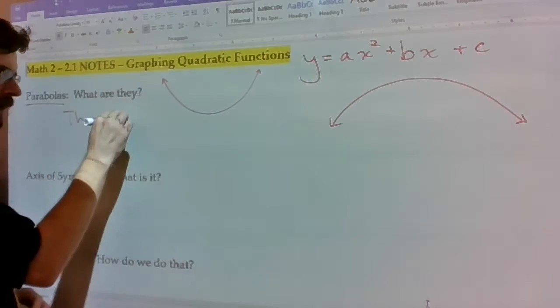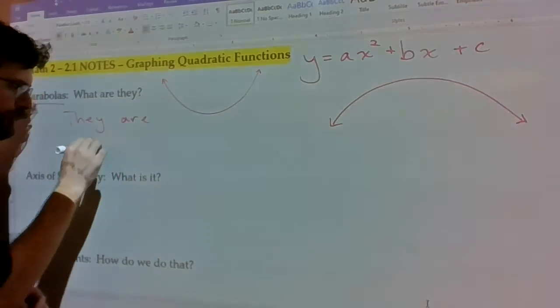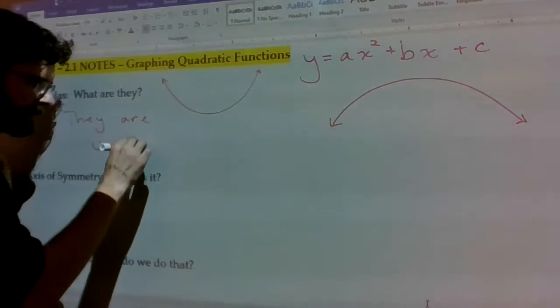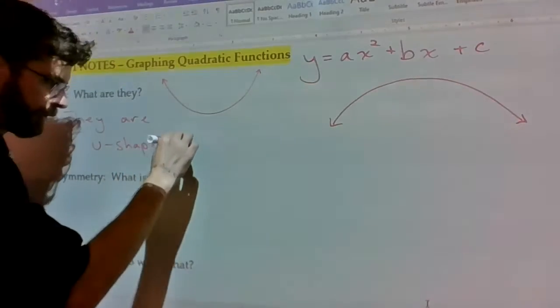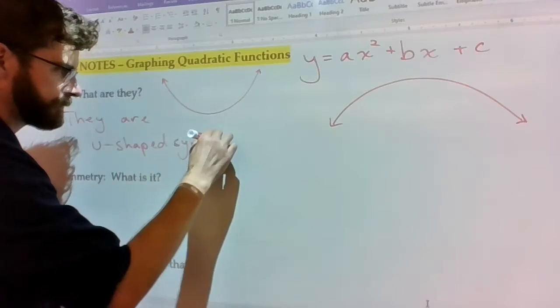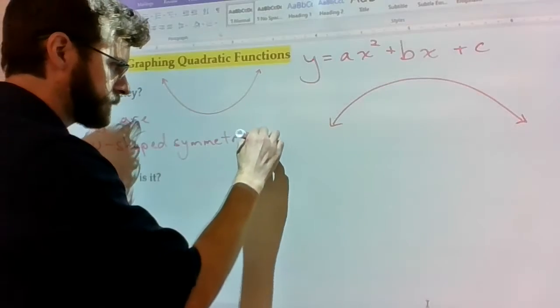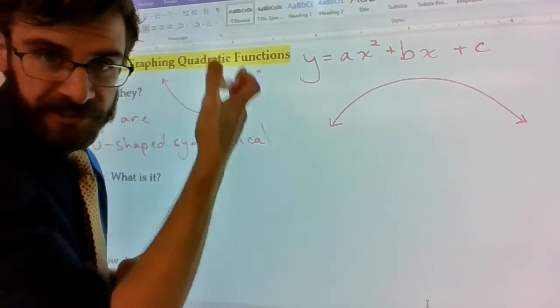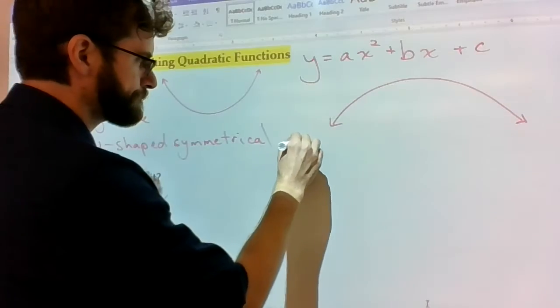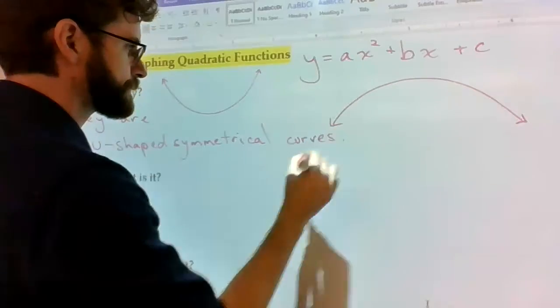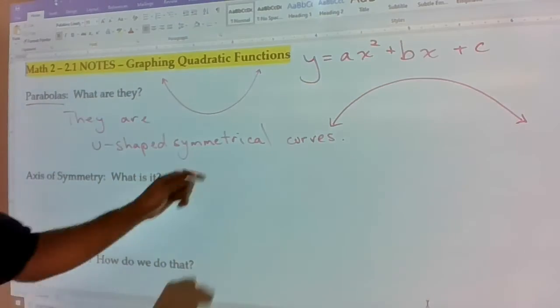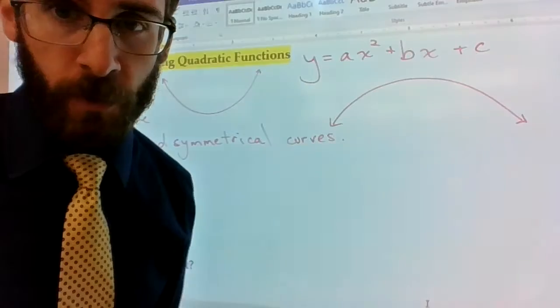We'll just call them U-shaped symmetrical curves. And it's vertically symmetrical. And they look like this. They all bear that equation right there.